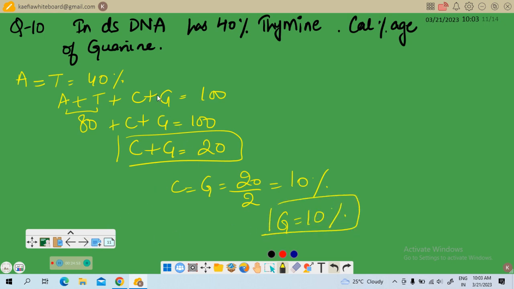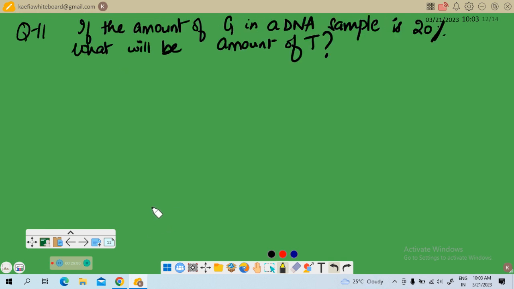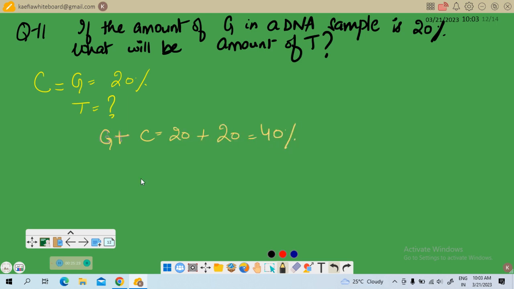Okay, coming to the next question. If the amount of G in a DNA sample is 20%, what will be the amount of thymine? So if G is 20, C will also be 20. G plus C will be 20 plus 20, which is equal to 40%.